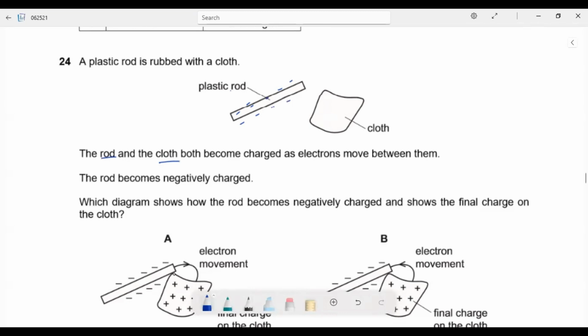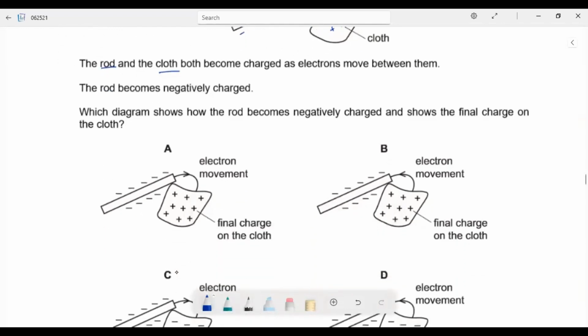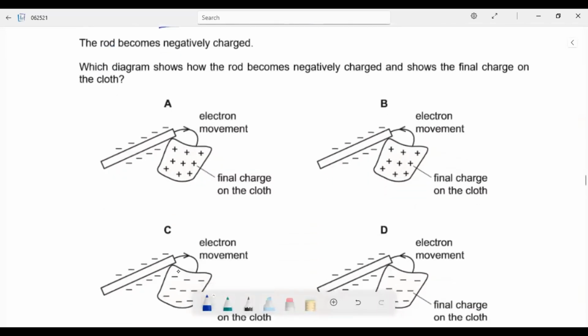So as the rod has become negatively charged, the charge remaining in the cloth will be positive. And the electrons from this cloth have moved towards this plastic rod. So here we can see B is the right answer. Electron movement is from this cloth to rod. Rod is negatively charged and final charge on the cloth will be positive.